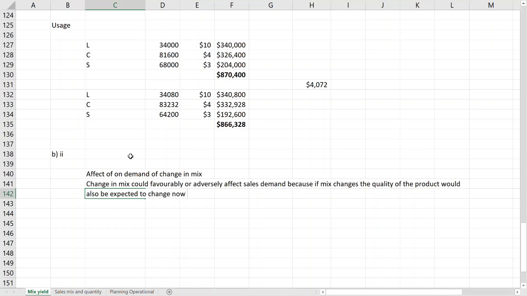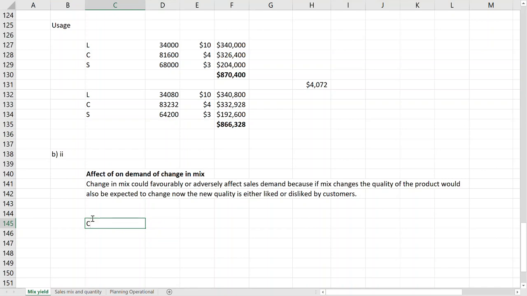Now the new quality is either liked or disliked by customers. Does that make sense? So generally, the change in the mix could affect demand, favorably or unfavorably.